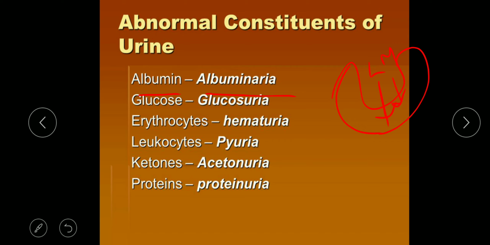Okay. Then the next condition is glucosuria. Glucosuria happens due to insufficient supply or decreased level of the hormone insulin. The pancreas has 4 types of cells: alpha cell, beta cell, gamma cell and delta cell.